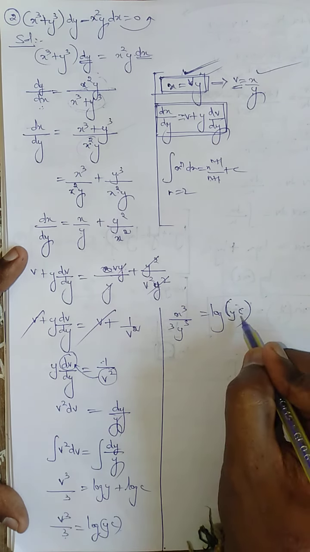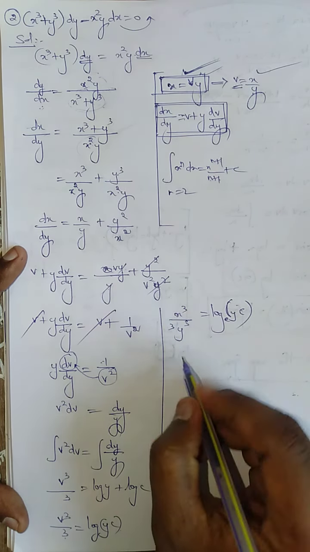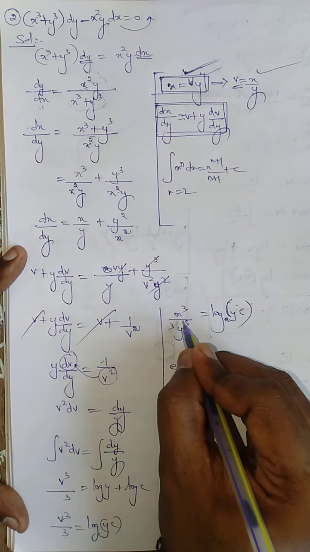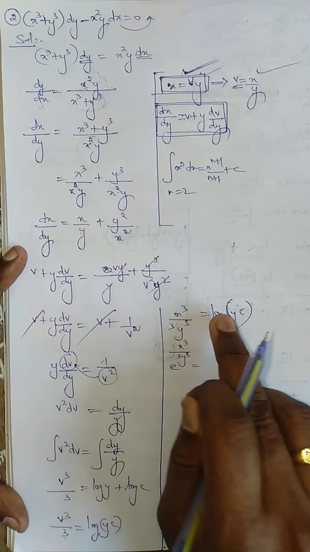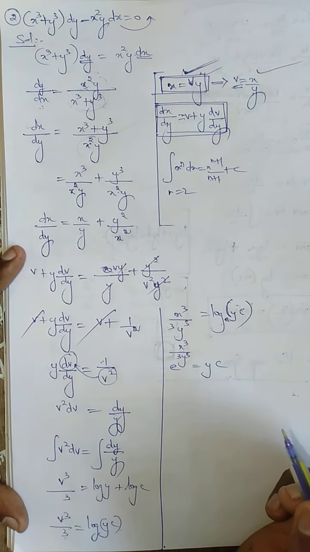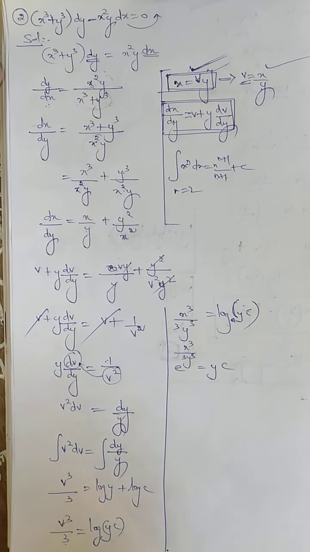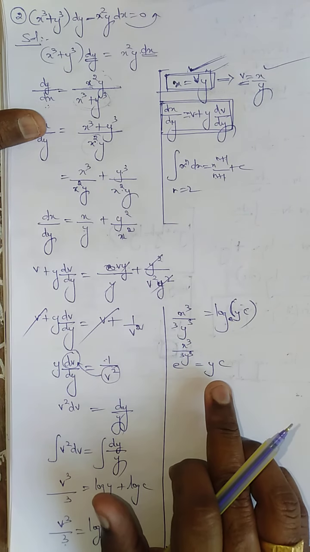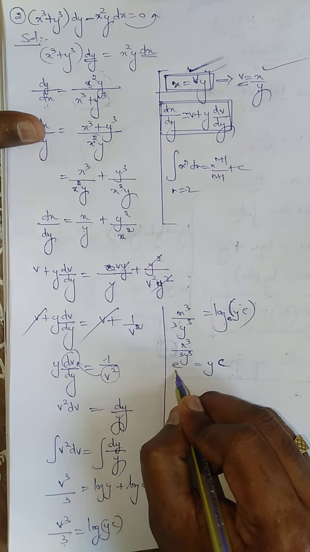Now this is not our answer in the back answer. So use e here, I need to remove the log. If e comes to this side, this will change into a power. e power x cube divided by 3y cube. The log will be removed, nothing but yc. But in the back answer it is not like this. They have given it in terms of y. So this c comes down.